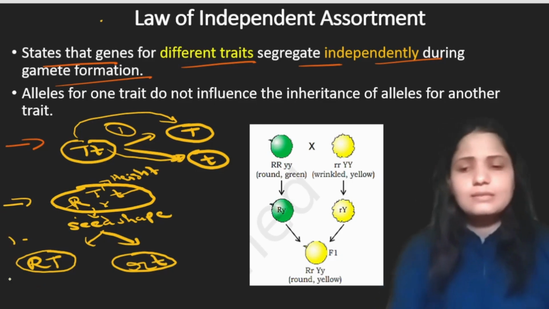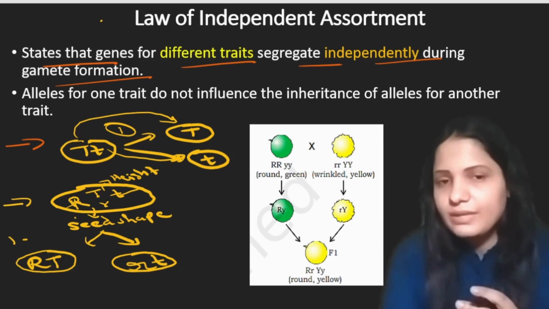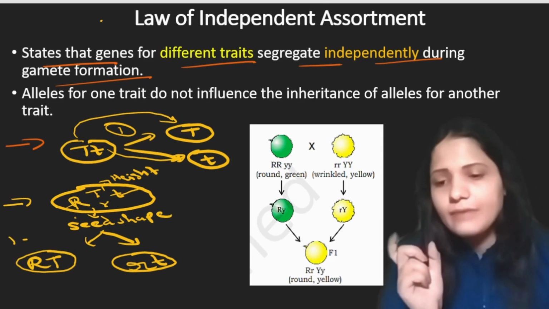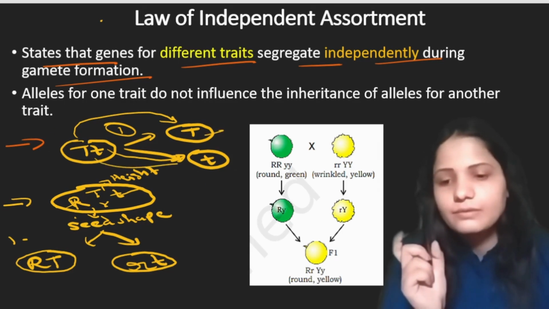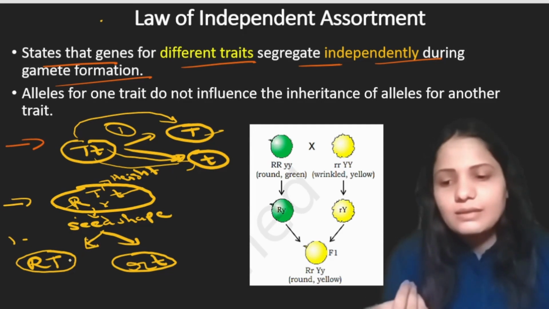So now you can see there is no difference in the separation of alleles in gamete formation. When we had only one trait, we saw that one allele goes to one gamete and the second allele goes to the second gamete. When we have more than one trait, a similar thing is followed.